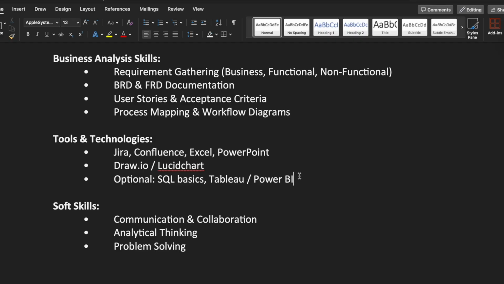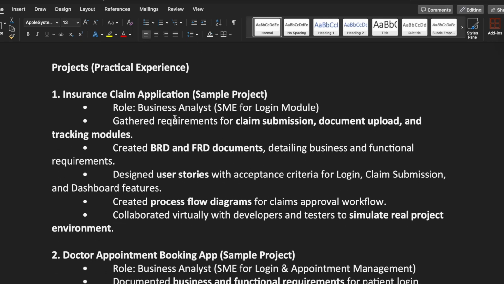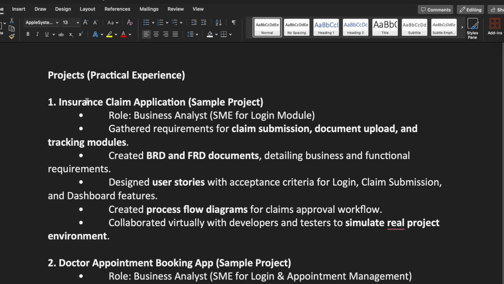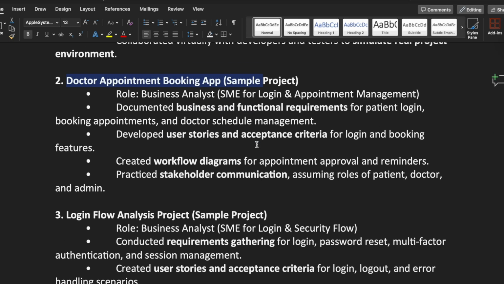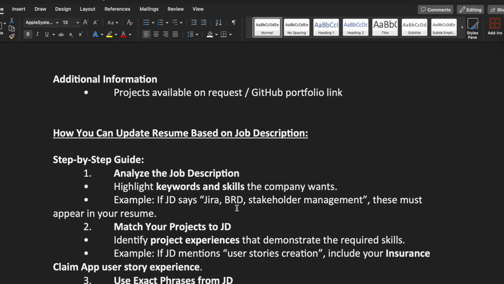First, start by analyzing the job description and check your keywords. If the keywords say Jira, BRD, stakeholder management, these must appear in your resume. Without reading the job description, do not apply anywhere. Also use extra phrases like functional and non-functional requirements; this sounds like you know the subject you are talking about.